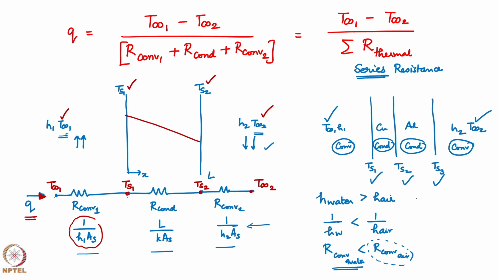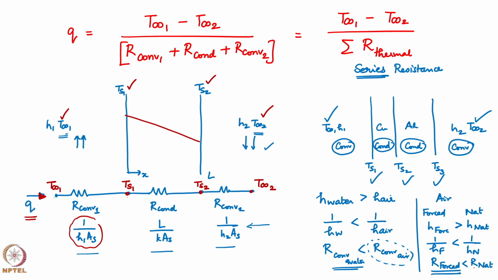Similarly, say you have natural convection or forced convection. If I have air, and in one case forced convection and on the other side natural convection, then h forced is greater than h natural, which means 1 over h forced is less than 1 over h natural, so R forced is less than R natural.